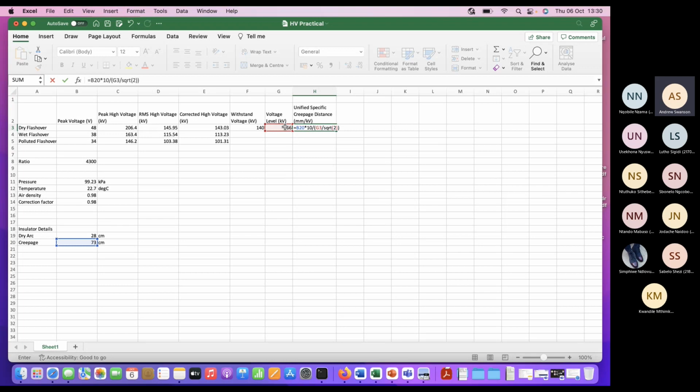I've taken my creepage distance, multiplied it by 10 to get it into millimeters, and divided it by the phase-to-earth voltage. So that's 66 divided by √3, and I found the unified specific creepage distance.